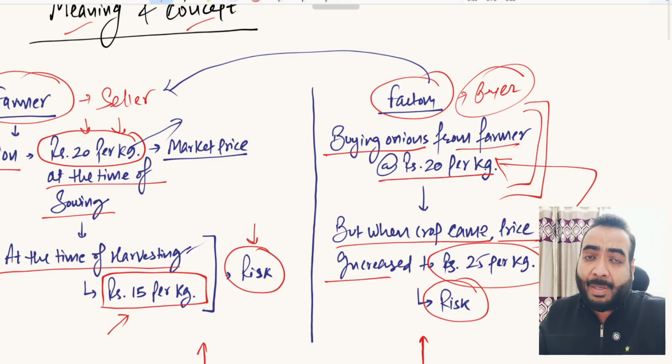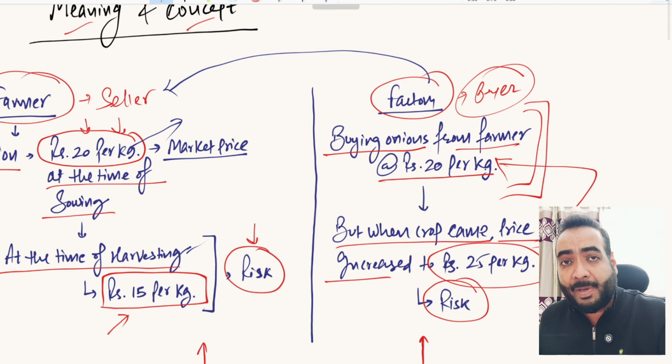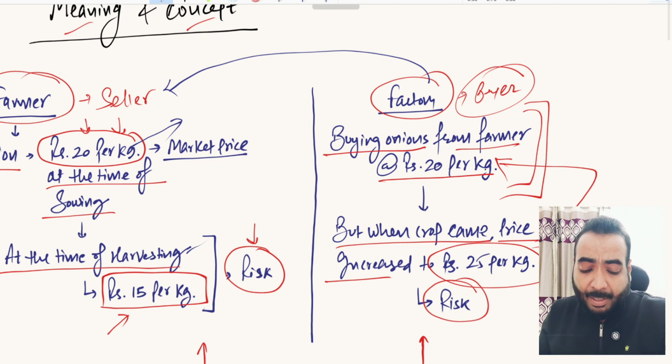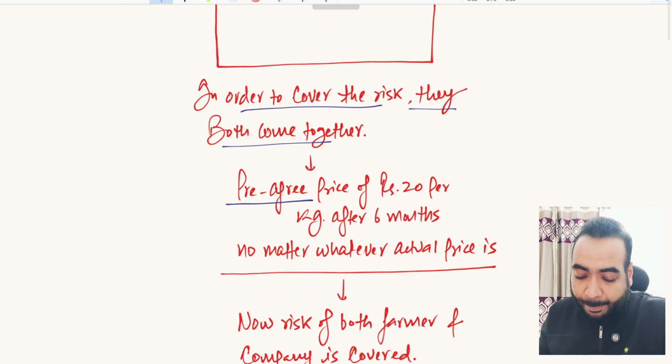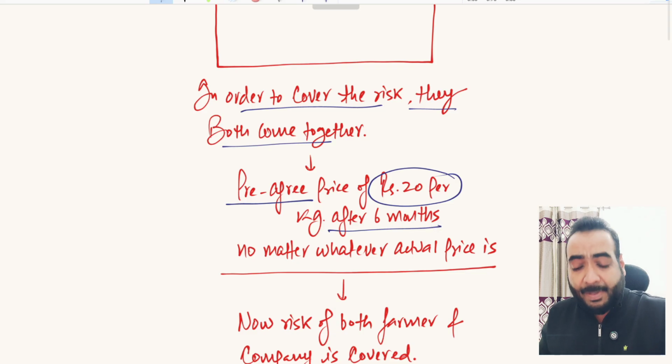The actual price may be 17 rupees, the actual price may be 23 rupees. Irrespective of the actual price, the farmer will sell the onion at 20 rupees per kg and the factory will pay him at the rate of 20 rupees per kg at a fixed date in future. So they pre-agree the price of rupees 20 per kg, for example after 6 months.